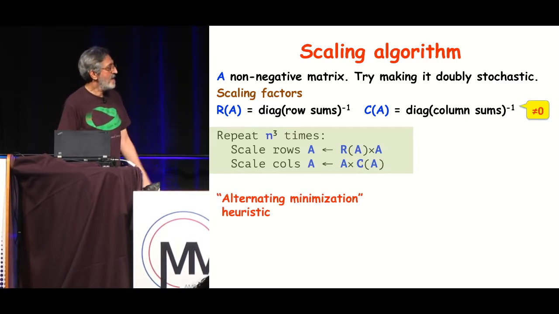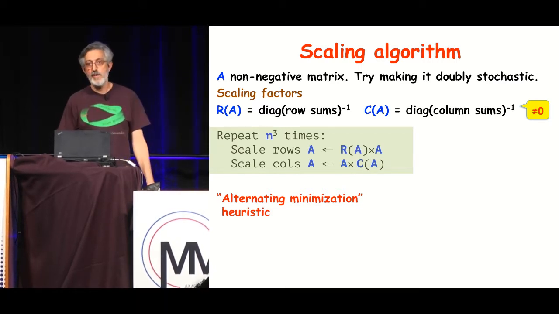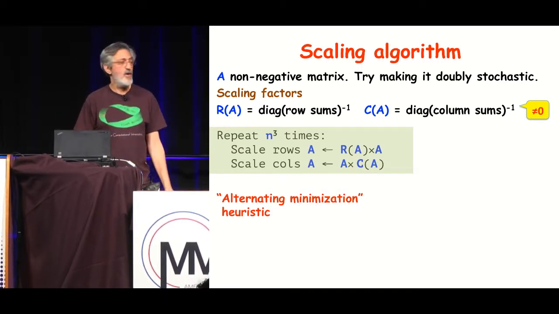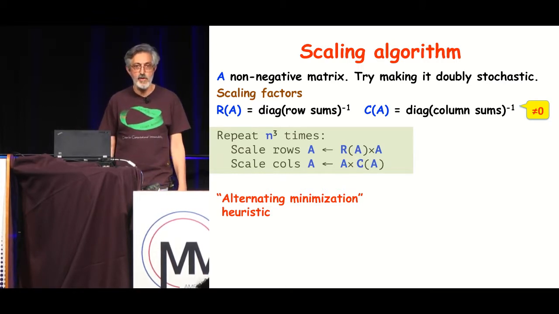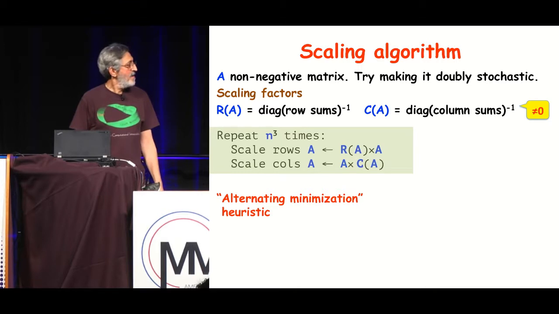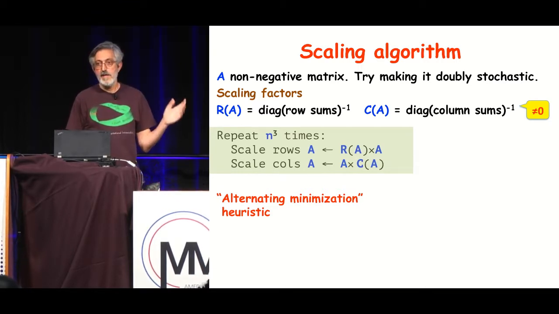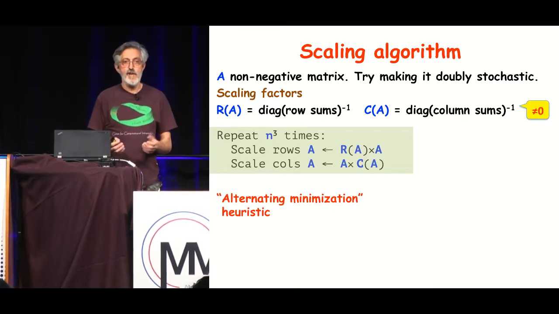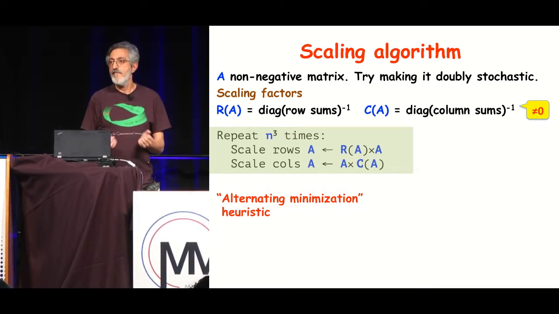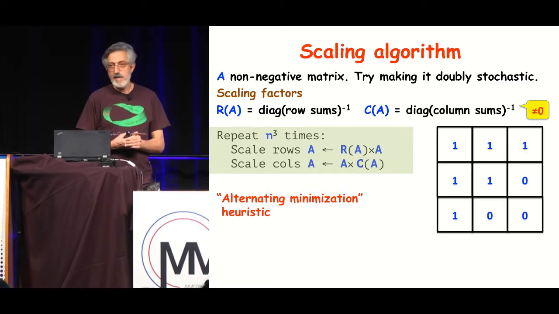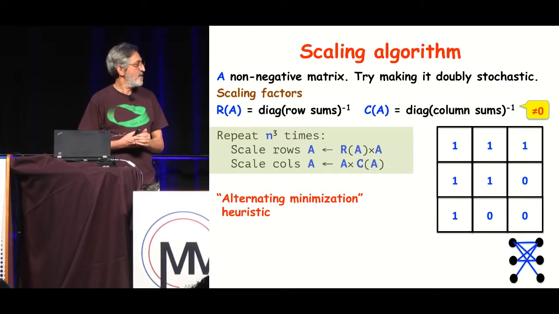And the main claim is that all we need to do is just do it for a short amount of time to figure out whether it converges or not. This idea of you have a complex problem, so you work on different pieces of it which are easy, and you just alternate between them, is the alternate minimization heuristic. It is extremely broad, and I'll show you some more examples towards the end of the talk.